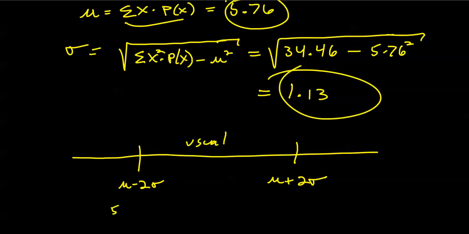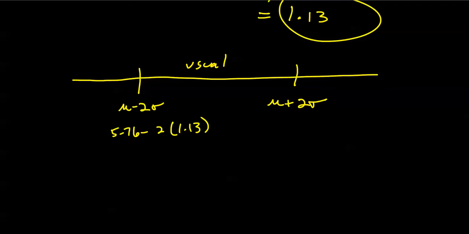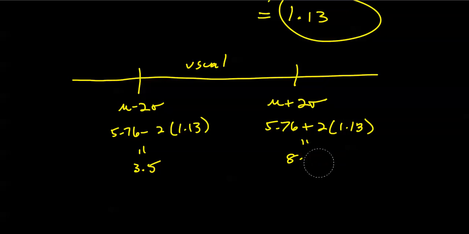I'll take 5.76 minus 2 times 1.13 to establish a lower bound for usualness, and that says 3.5. Mu plus 2 sigma is 5.76 plus 2 times 1.13, and that gives me 8.02. So these are my boundaries.